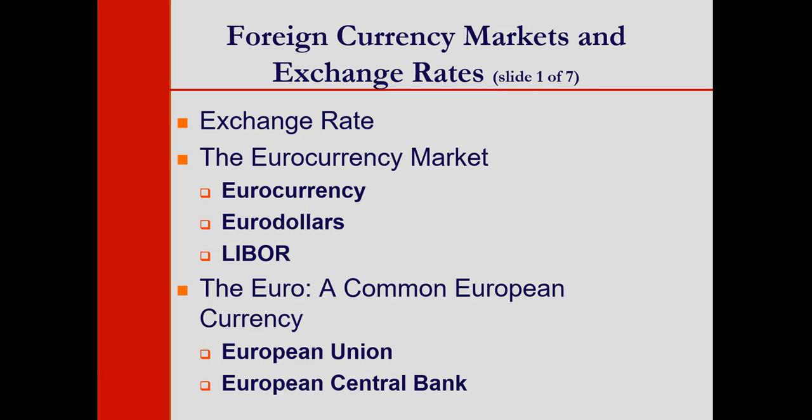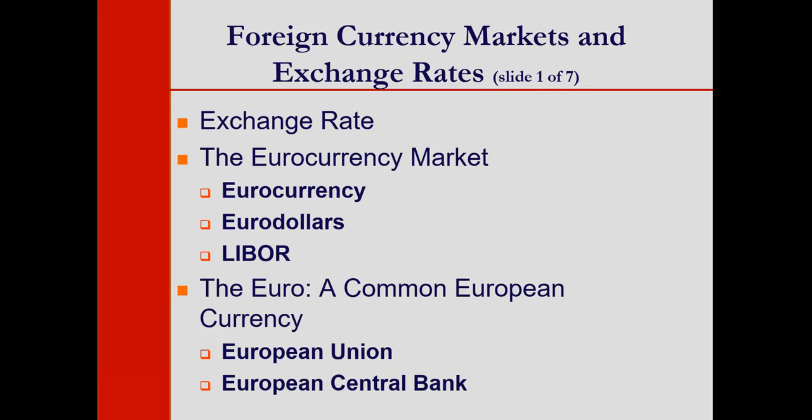US currency's exchange rate with pound sterling, or with Japanese yen, or with euro. So it has to be always in a relative sense. That is exchange rate. Now I will show you how we quote those exchange rates.